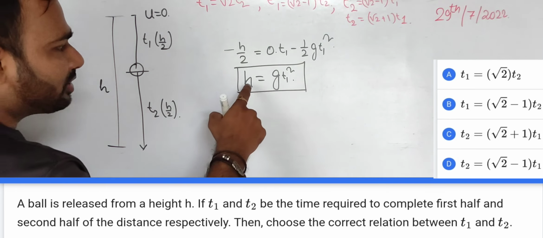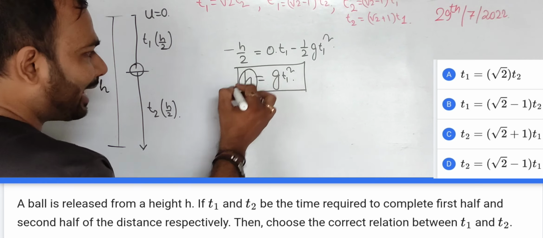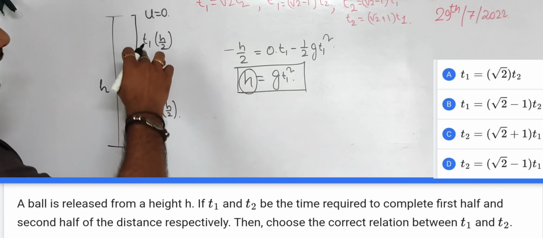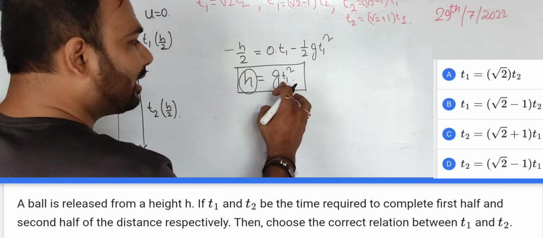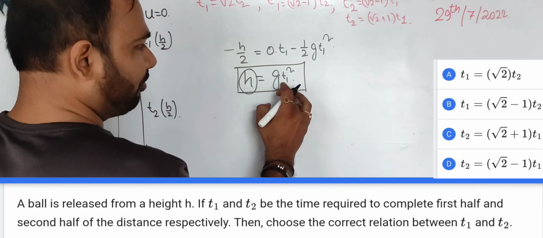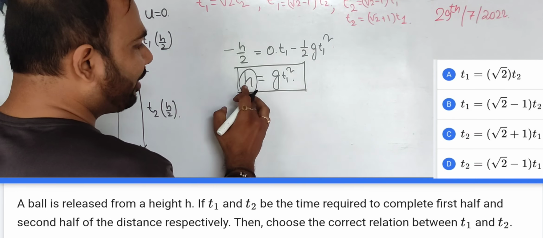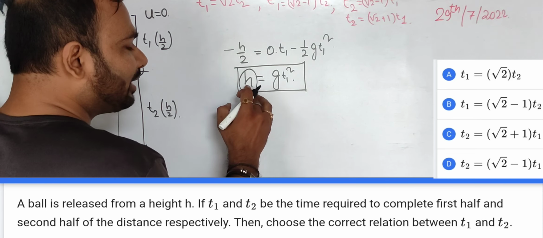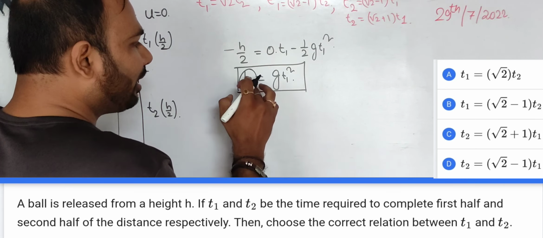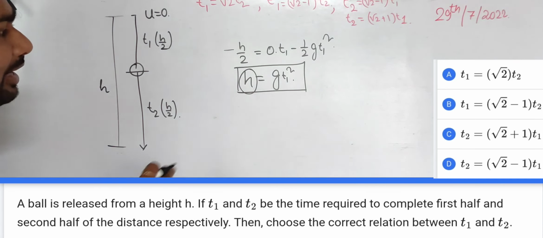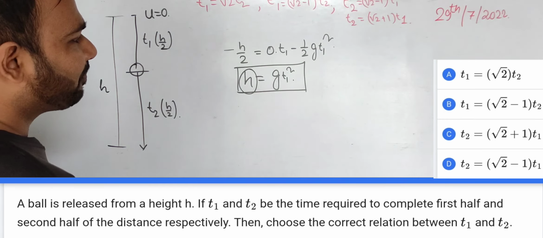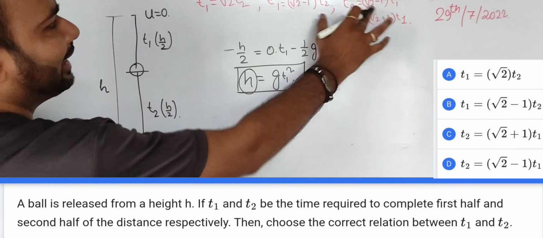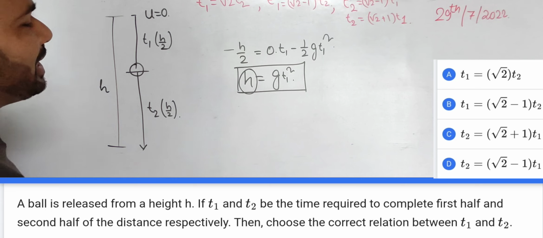Why? Because if we substitute h using t1 and t2, since here on the right hand side we have t1, if we get a relation involving t1 and t2 by replacing h, we can create this kind of relation between t1 and t2.